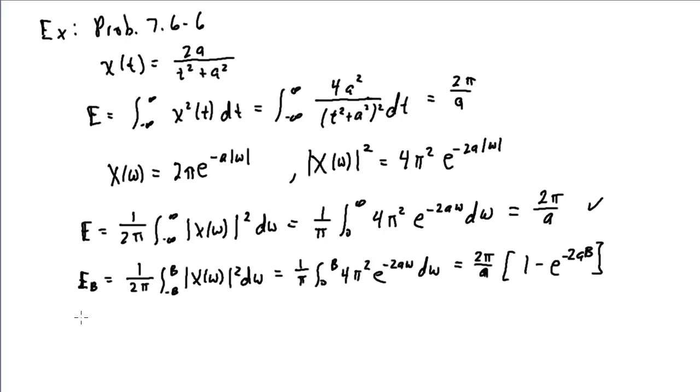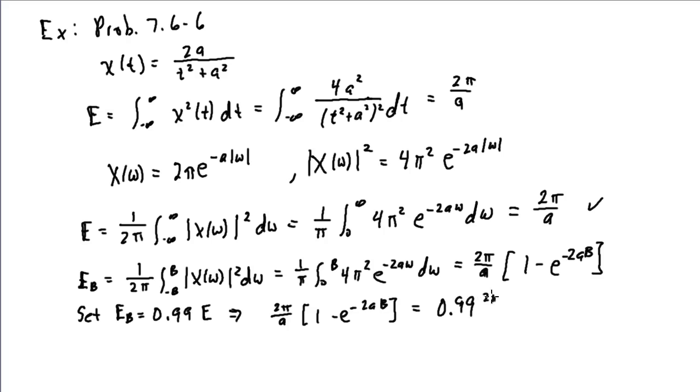In that case, what I want to do is actually set E(B) equal to, I'll use the 0.99 example, 99% of the total energy, and then solve for B. So what I want to do here is take this expression, 1 minus e to the minus 2aB, and then set it equal to 0.99 times 2π a, which is the total energy. Of course, this term cancels out. I'm going to have actually taking the 0.99 to the left-hand side, and have 0.01 equal to e to the minus 2aB, and taking this to the right-hand side.